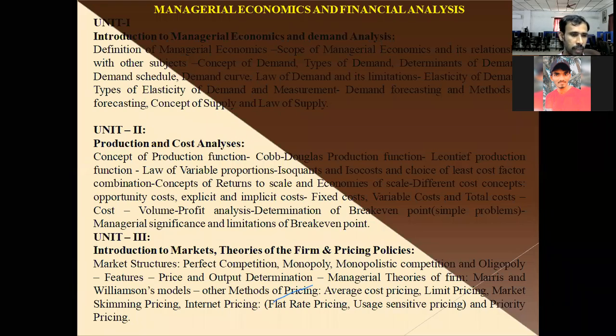So I'll explain what perfect competition or perfect market is. At the same time, I'll give you a classification of imperfect market, followed by its characteristics along with price and output determination.